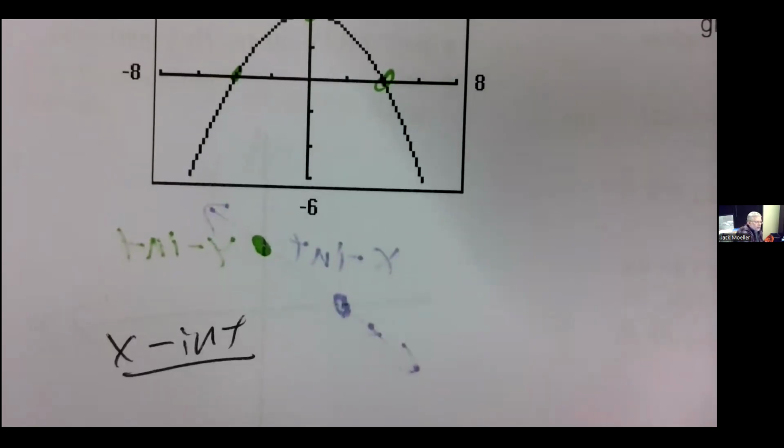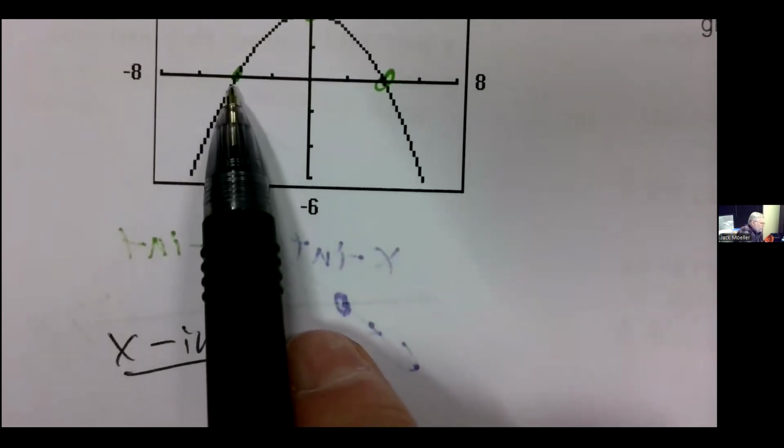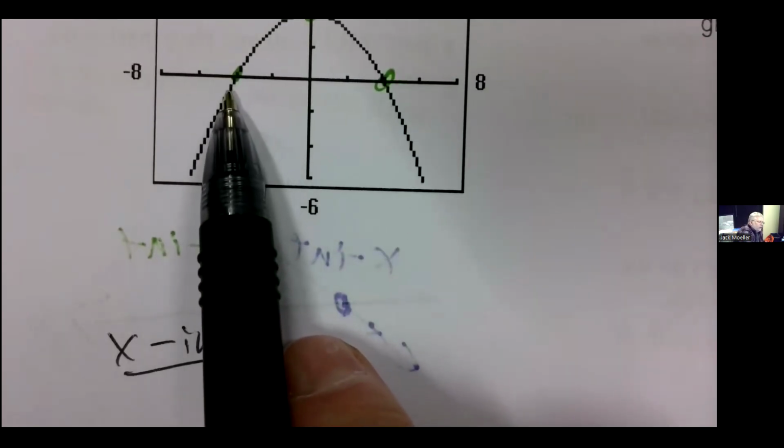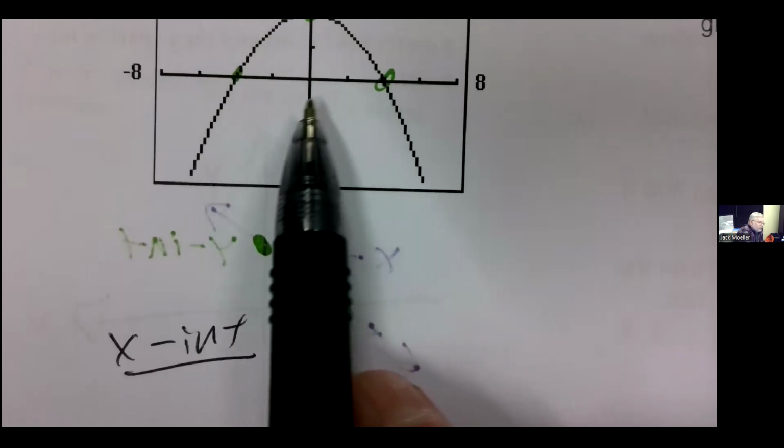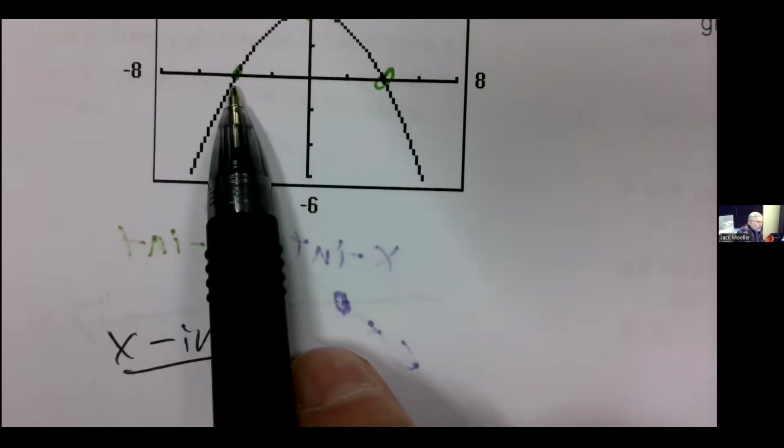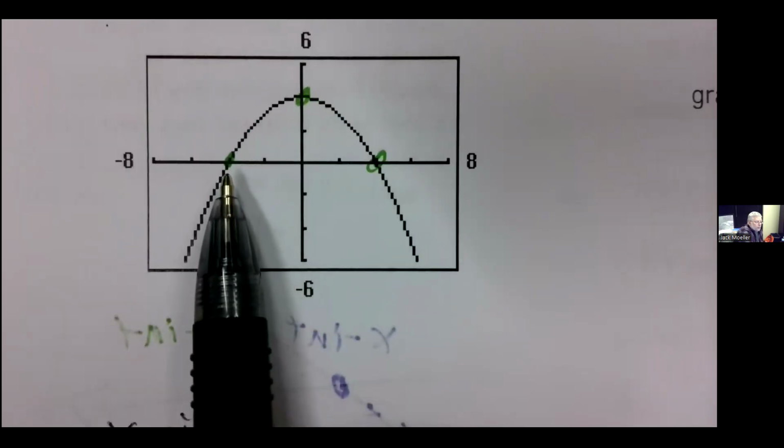So for the x-intercepts, it never hurts to go from left to right anytime you're talking about stuff like this. So on the left, what is the coordinate of that point? How do you know? Because if you tell me -2, 0, you just got it wrong.